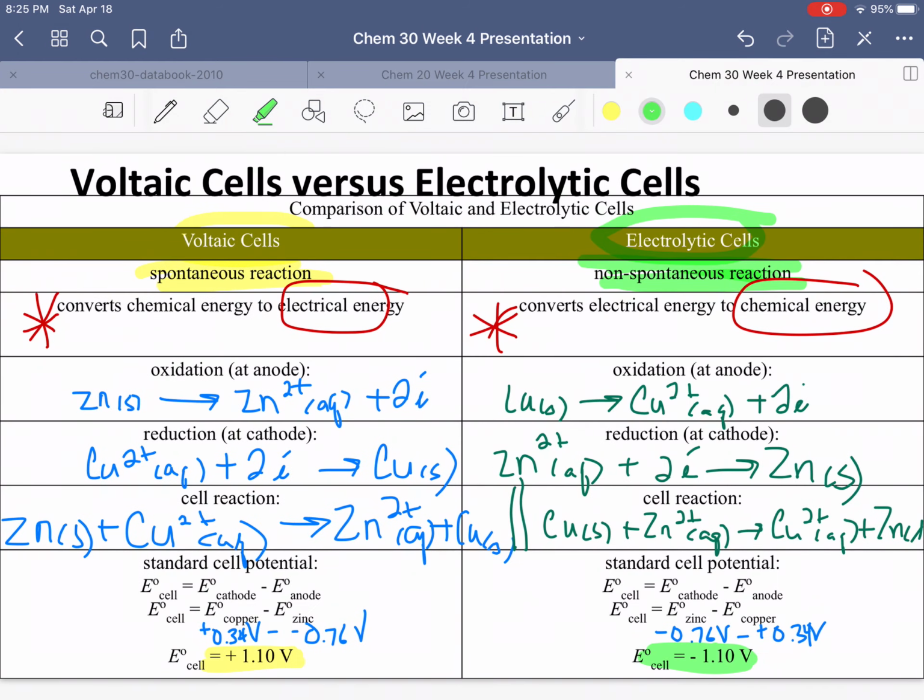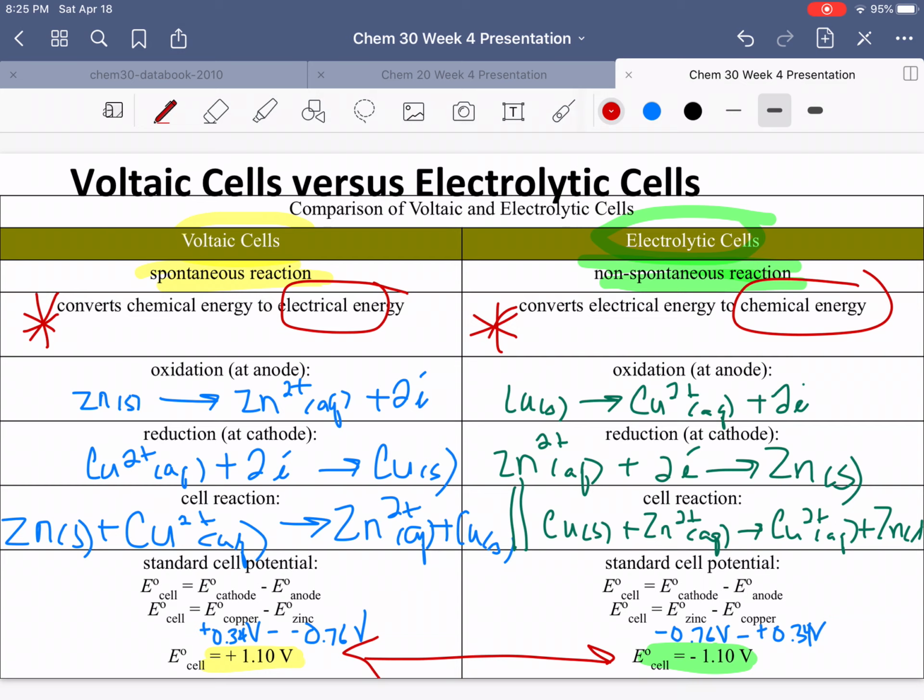Hint, hint. Spontaneous has a positive net cell potential. Non-spontaneous has a negative net cell potential. So have an awareness. The signs have reversed on these. Same absolute value of 1.10 volts, but reverse signs.